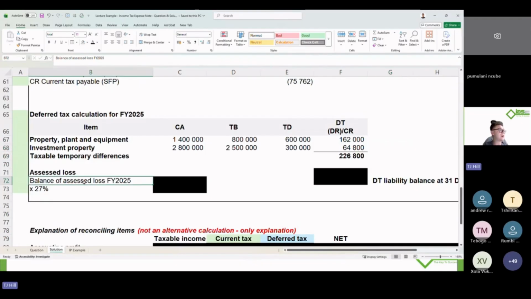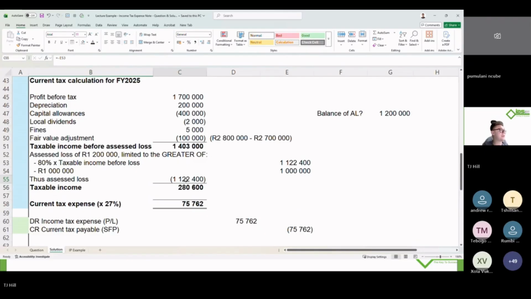But my question to you now is, there's an assessed loss. What is the balance of the assessed loss now? Well, I had 1.2, tax only, that I brought forward from 2024 to 2025.